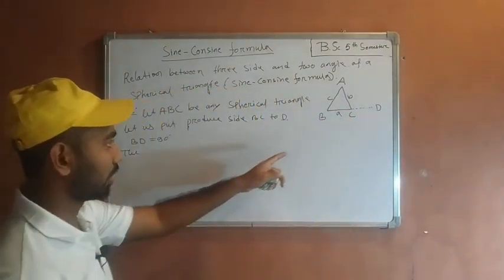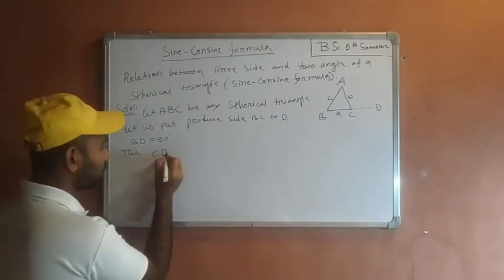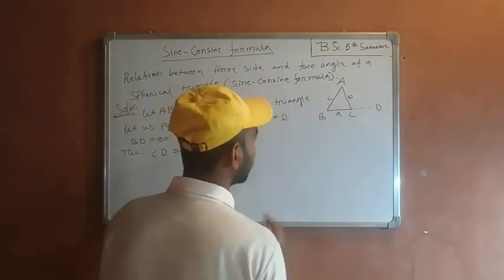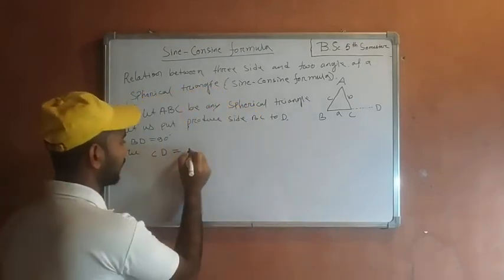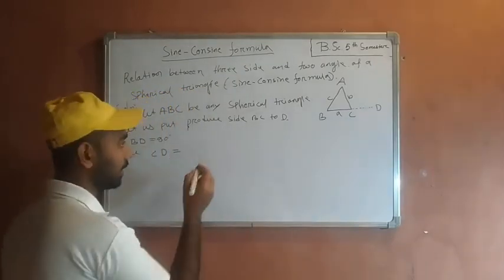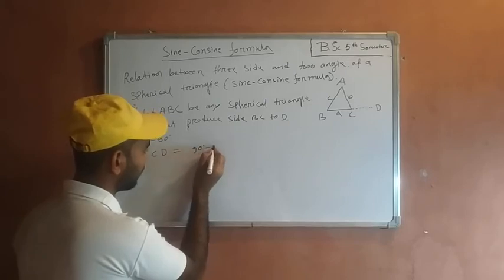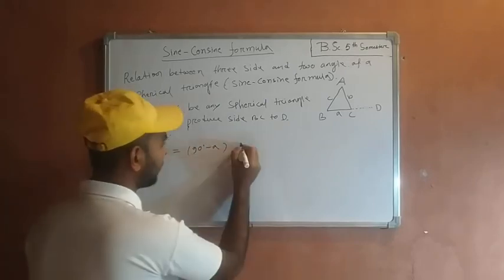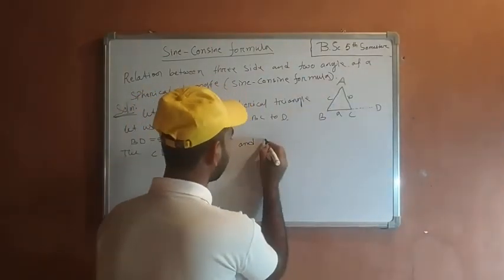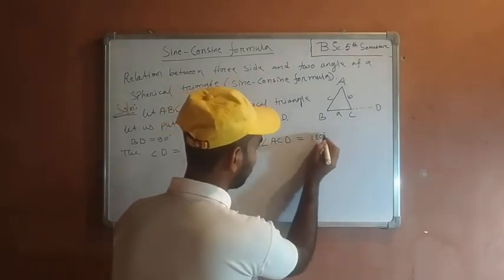Then CD equals BD minus BC, so BD equal to 90 degrees minus a, and angle ACD equal to 180 degrees minus C.